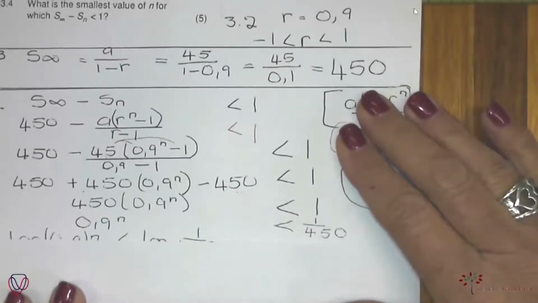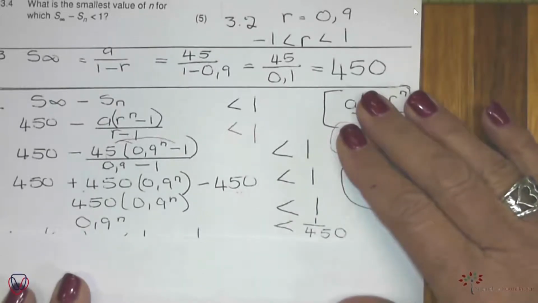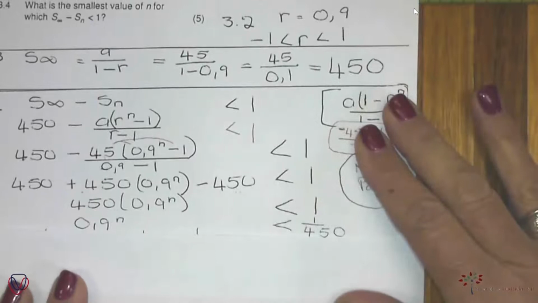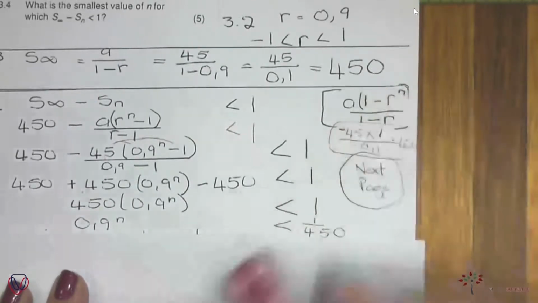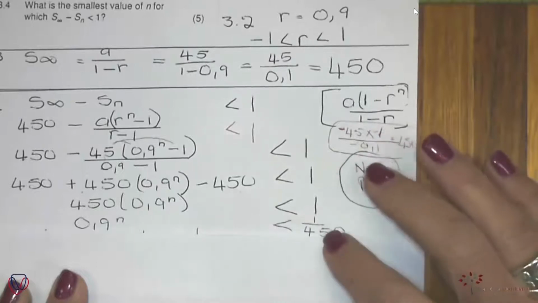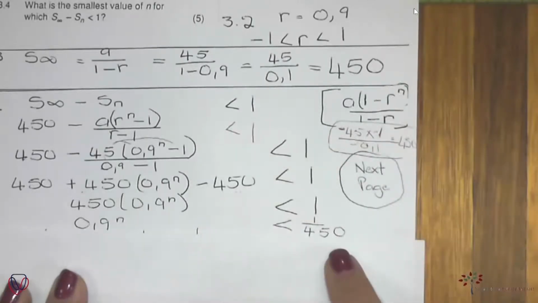Now we're sitting here with a problem, because now I'm taking away the 450 there. Oh, but how will I solve n there? I hope you know. This is in exponential form. It's impossible to find n in this case by using exponents.